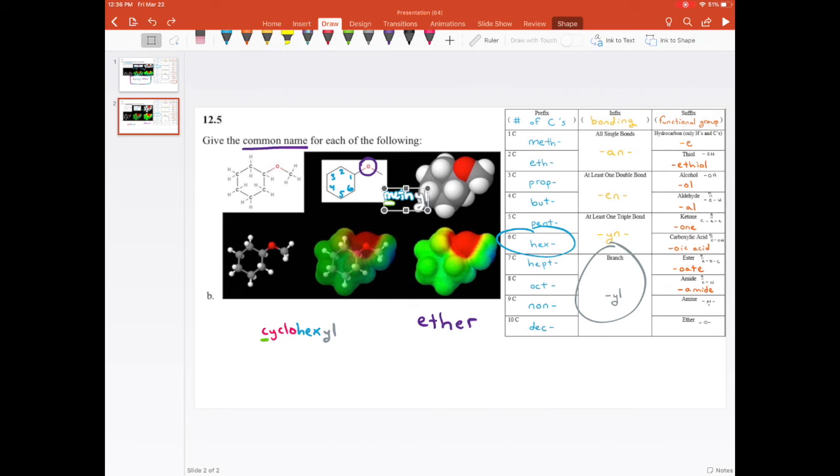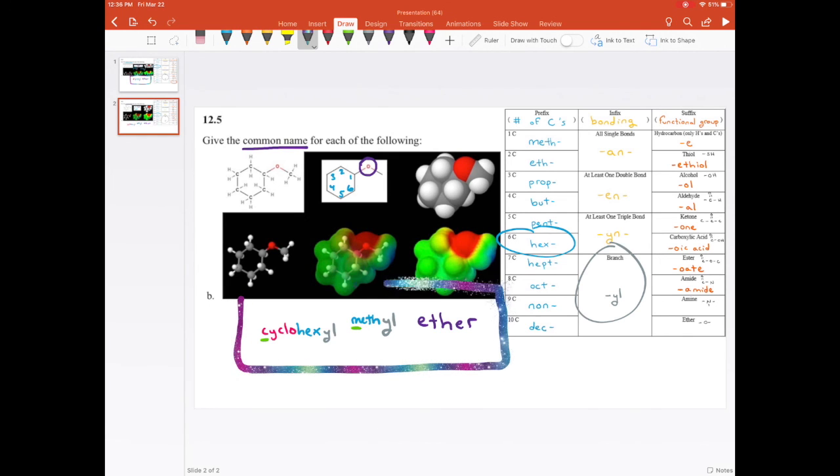And the name for this will be cyclohexyl methyl ether. And in this common naming scheme, there is a space in between each of the branches and the branches and the backbone.